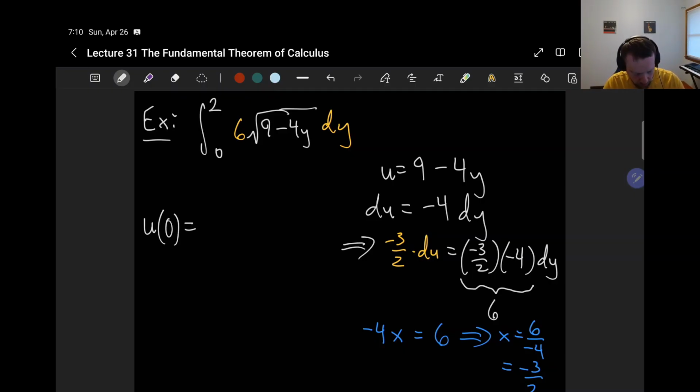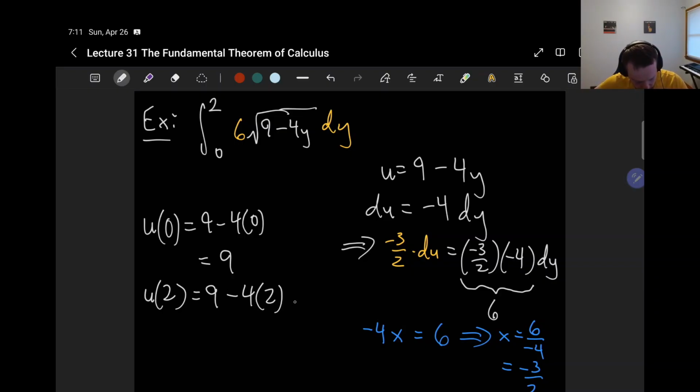So we plug them into the u expression to get what these y values are now in terms of u. Plugging in 0, I get 9. Plug in 2, I get 9 minus 4 times 2, so 9 minus 8. That's 1. Now, you need to be careful here.